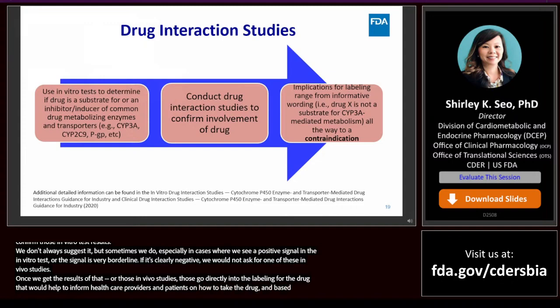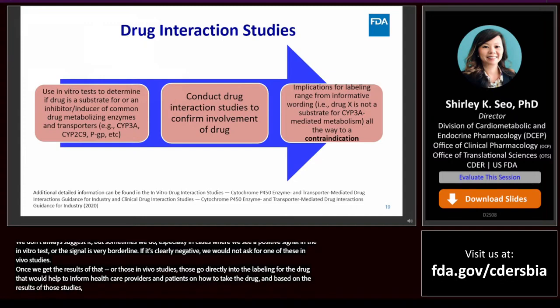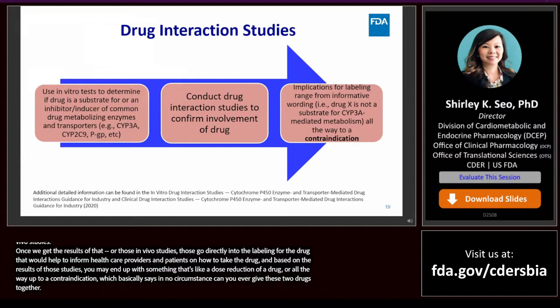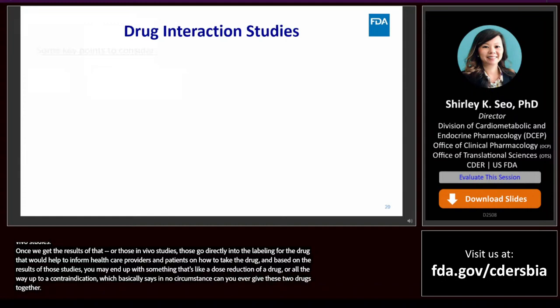And based on the results of those studies, you may end up with something like a dose reduction of a drug, or all the way up to a contraindication, which basically says in no circumstance can you ever give these two drugs together.